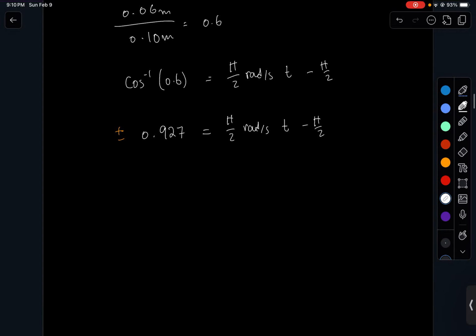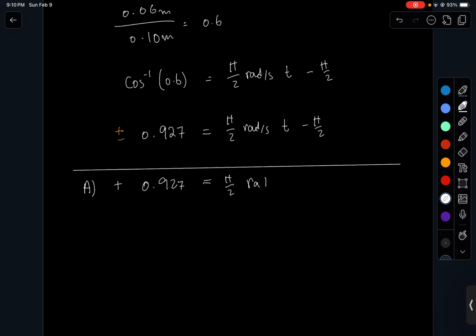For possibility A, which is positive, we keep the positive 0.927 equals pi over 2 rad per second times t minus pi over 2. We move pi over 2 to the other side. It's going to be 0.927 plus pi over 2 equals pi over 2 rad per second times t.